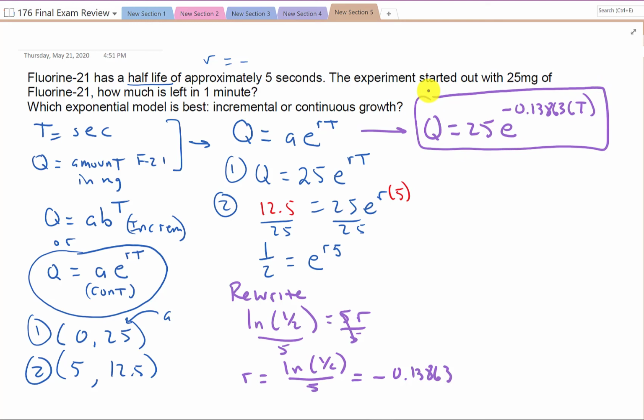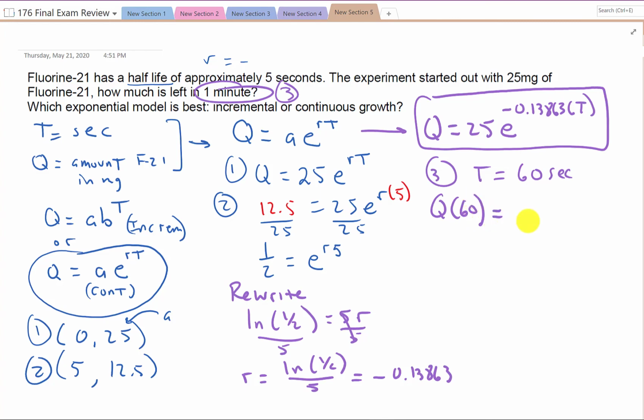But we do have a question to answer. That is our second thing here. How much is left in 1 minute? So let me call that part 3. Time equals 60 seconds. That means I have to solve for Q of 60.